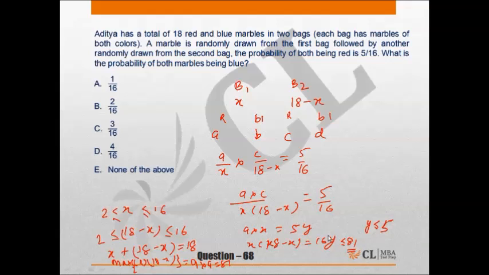So from here, by putting the possible values of y, which could be 5, 4, 3, 2, 1, we can find possible values of x, and we get the only possible value of x when y is 5, and x comes out to be 10. In that case, 18 minus x will be 8.